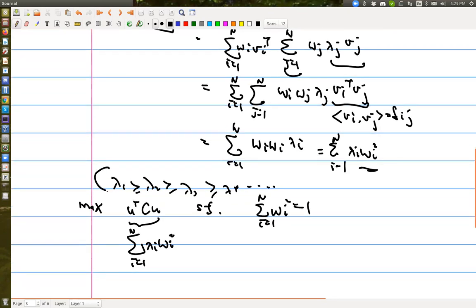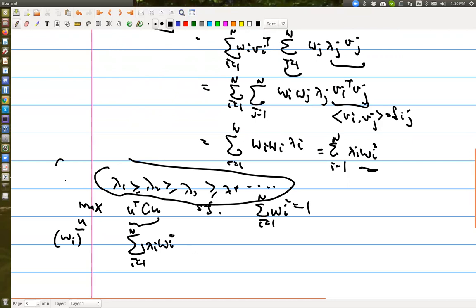So if I give you this, I should optimize over u, which is actually basically optimizing over Wi, right? So what should I choose for W? It's a kind of a question here. So if I know this, what should my W's be?